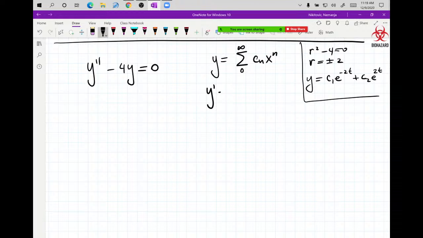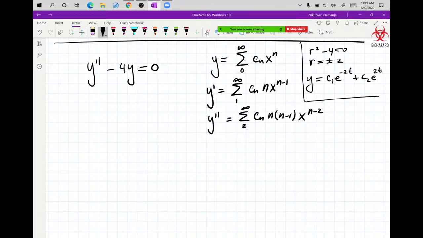Then we'll differentiate that and get the sum from 1 to infinity of c_n n x to the n minus 1, and we'll differentiate one more time to get the sum from 2 to infinity of c_n n (n minus 1) x to the n minus 2. And this is exactly where we ended the last class.